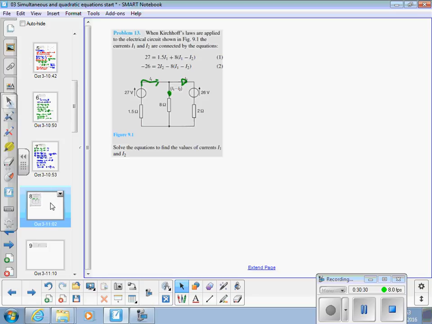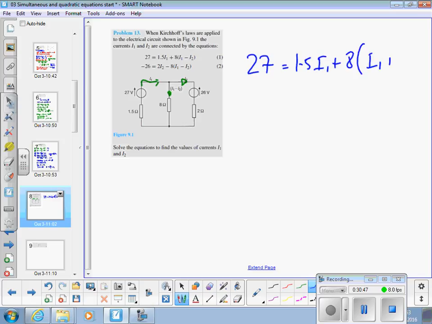to solve. Okay, I'm going to write them out a bit bigger for the benefit of the board. 27 is equal to 1.5i1 plus 8 times (i1 plus I2).